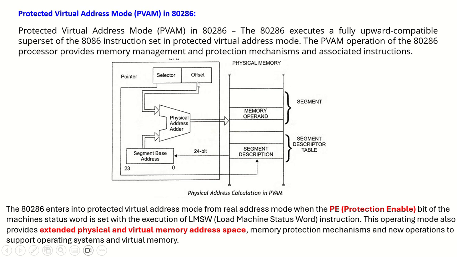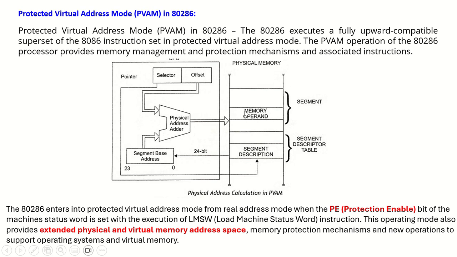Offset value means you have offset registers. That offset register content, which depends on your CPU, is added to the base address, and then the physical address is generated in order to fetch the operand from a segment.